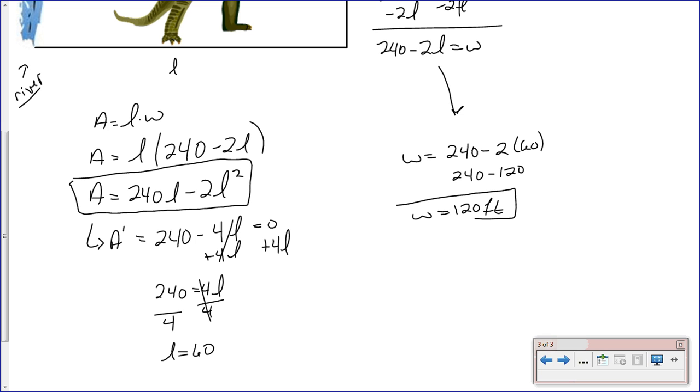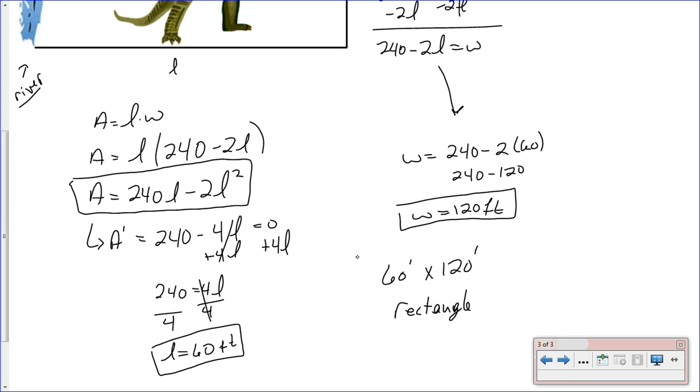And since our length was 60 feet, that means that our maximum play area for our T-Rex dinosaur is going to be a 60 foot by 120 foot rectangle. All right.